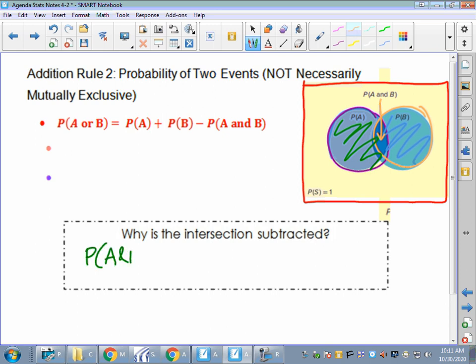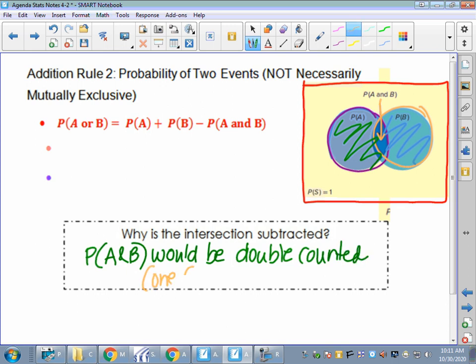Probability of A and B would be double counted. I'll put one for each bubble. Once for each bubble. Sounds better. I'm pretty sure bubble is the technical term in a Venn diagram.